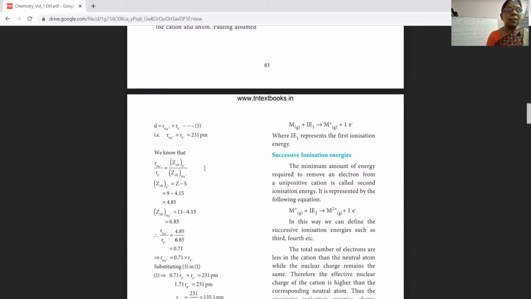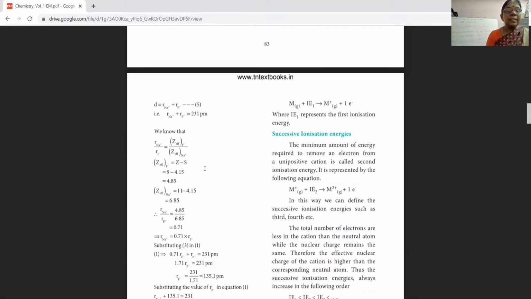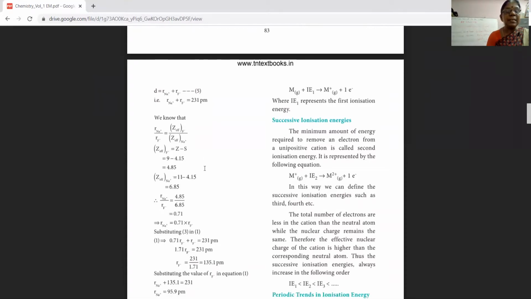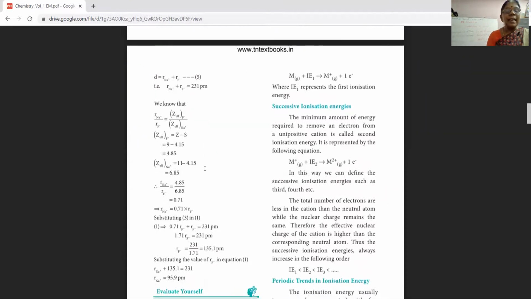And we know that RNa+ by RF- is equal to Zeff of F- by Zeff of Na+. Zeff for fluorine is Z minus S, which is equal to 9 minus 4.15, and you will get the answer 4.85. Likewise, Zeff for Na+ is 11 minus 4.15, and we will get the answer as 6.85.